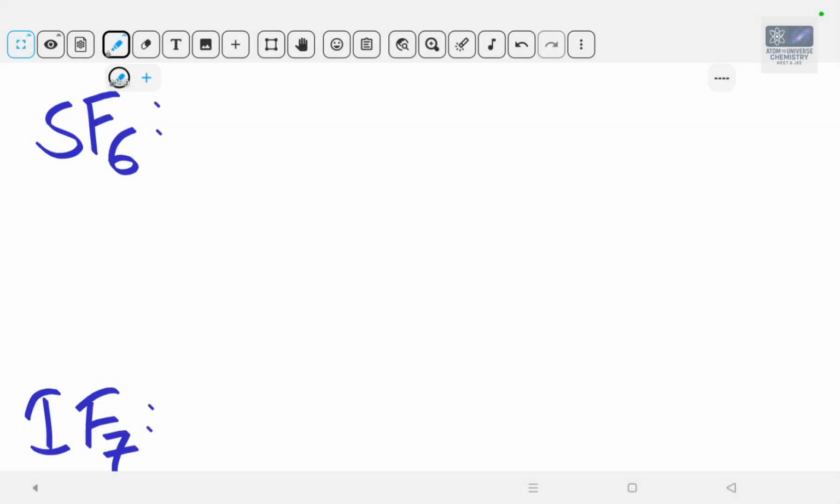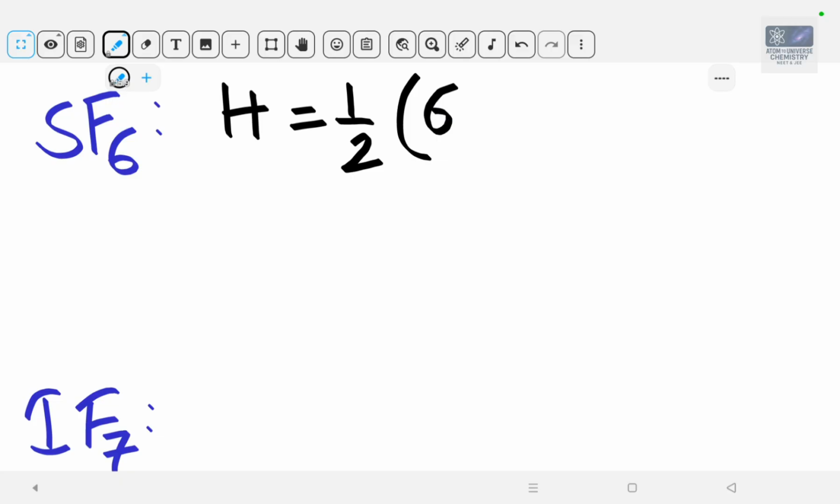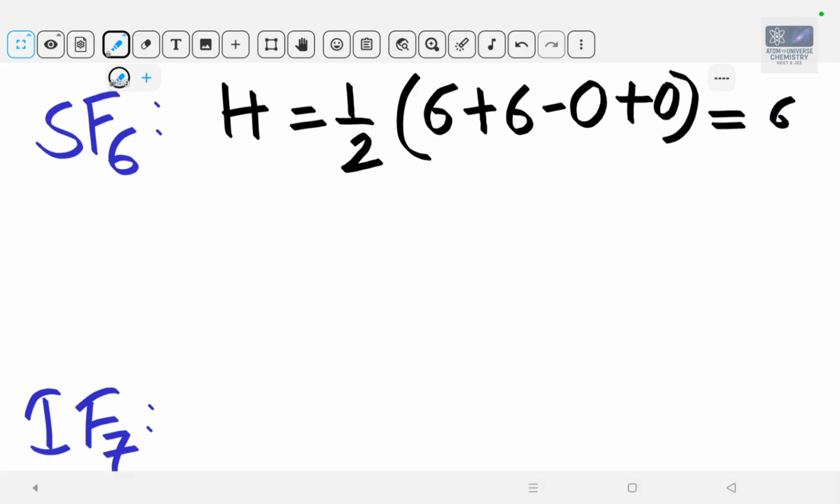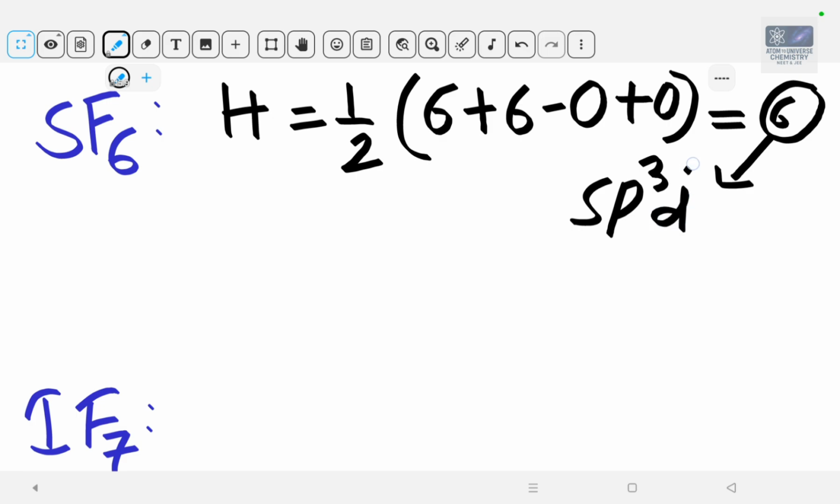Come to the next example, that is SF6. Put the formula H equal to half the valence electrons of sulfur is 6, the number of monovalent atoms, that is fluorine, is 6, no cation, no anion. Okay, so giving you the number 6, that will give sp3d2, that forms the octahedral structure.